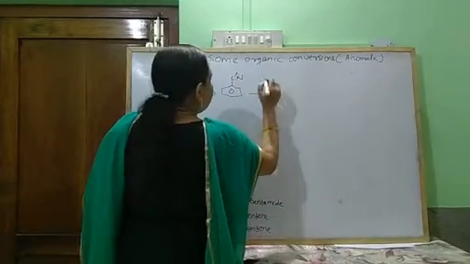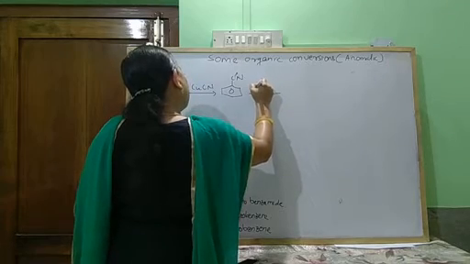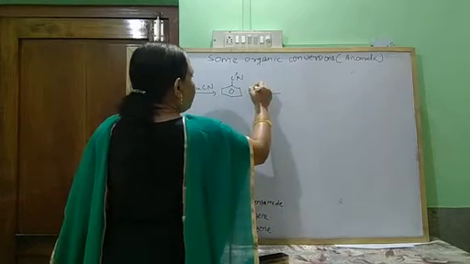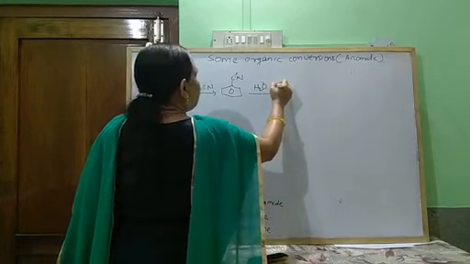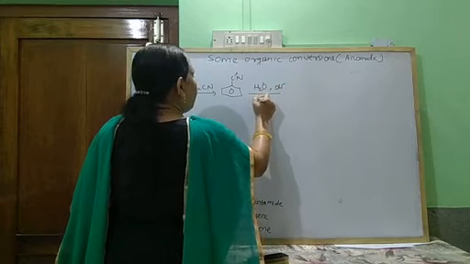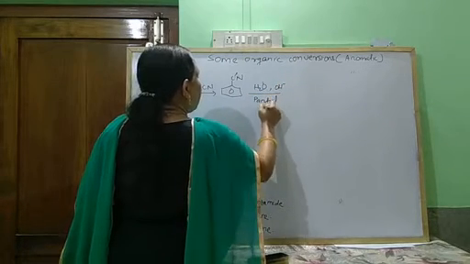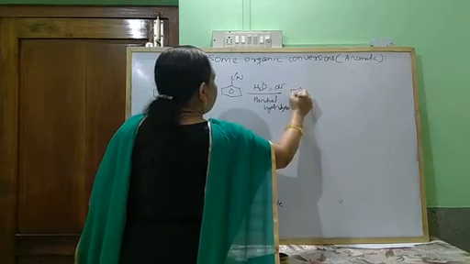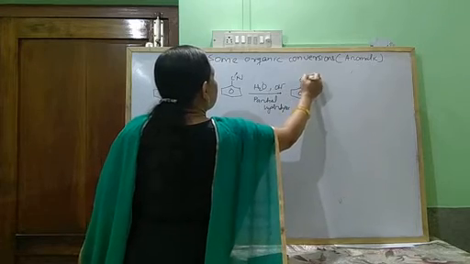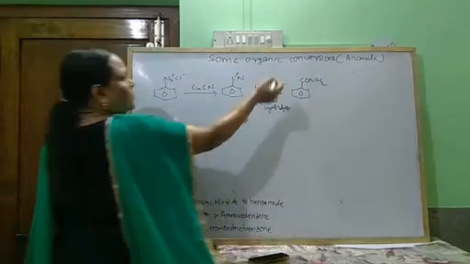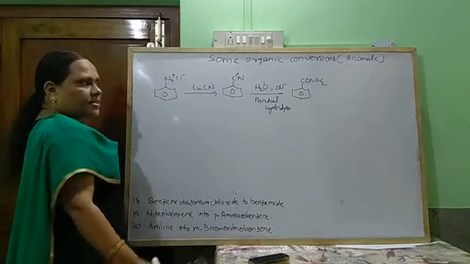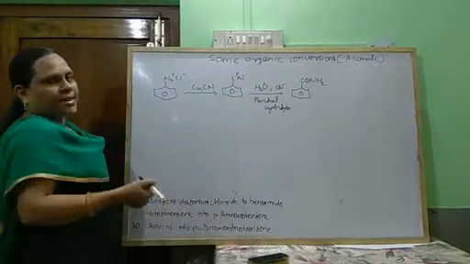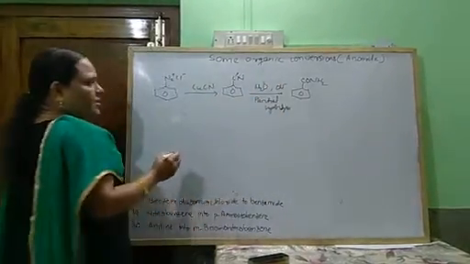Then this cyanobenzene undergoes hydrolysis in presence of base, or partial hydrolysis. It forms amide. The CN group is converted to benzamide, or water in presence of hydrogen peroxide also gives benzamide.